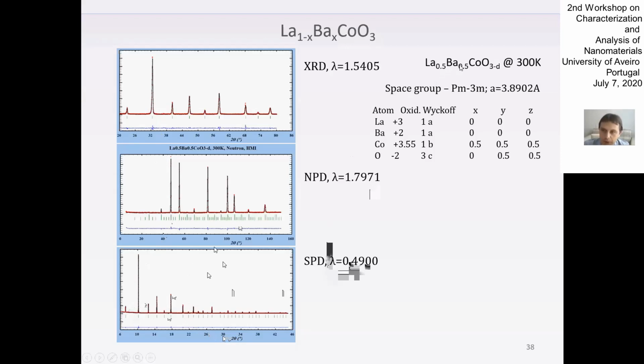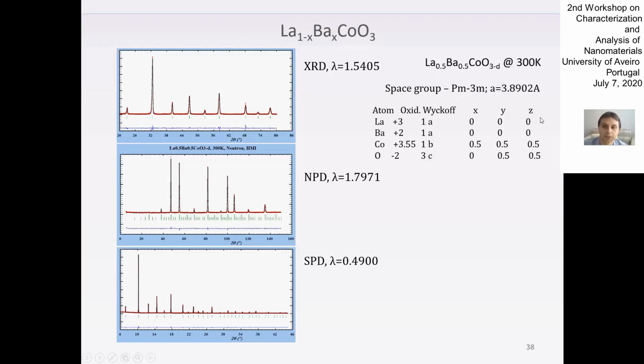Let's consider what we have here. We talk about this compound, a solid solution, 50% barium, 50% lanthanum. It has, as I said, a cubic structure. The space group is Pm-3m. The unit cell parameter is close to 4 angstrom.